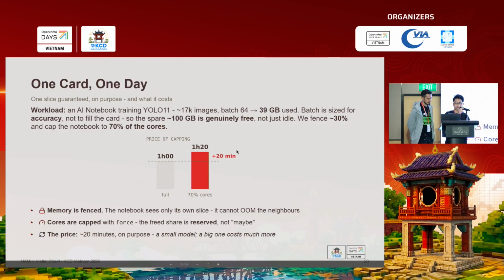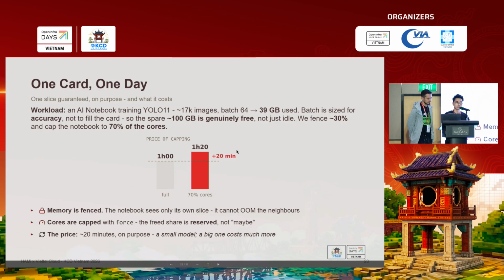But we pay a price for it because we fix the notebook at only about 70% of the cores. So the notebook sees only its own slice. It cannot take memory from its neighbors, and the cores are capped, so we can use the rest for other jobs.